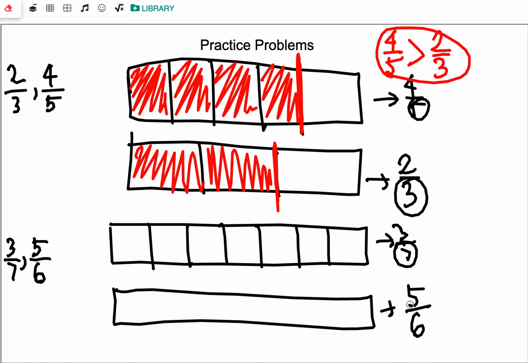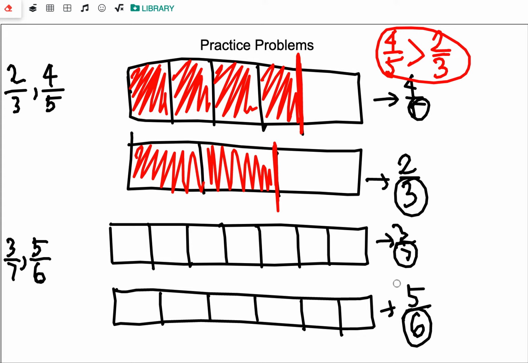And let's do that for the next fraction, whose denominator is 6, which means we have to divide the bar into 6 equal parts. Let's divide that. And now we have 6 equal parts. Now, let's compare them. We have 3/7 and 5/6. For 3/7, we need to shade 3 of the 7 parts because our numerator is 3.